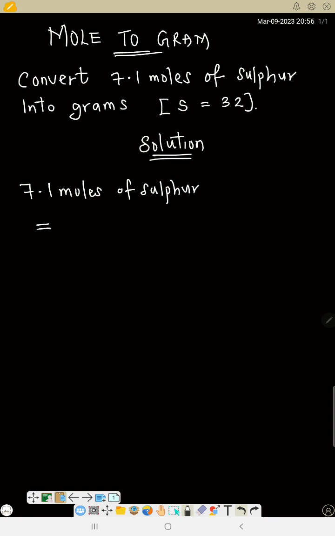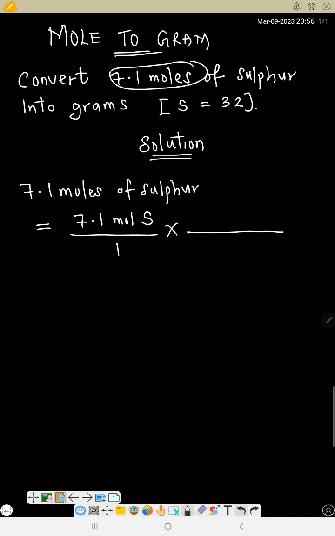So 7.1 mole of sulfur will be equals to, so always start with what you have, but you don't need to write it in full. Yeah, so 7.1 mole of sulfur divided by 1. So start with what you have. So that means you are changing 7.1 mole of sulfur into gram. So if we weigh 7.1 moles of sulfur on scale, how many gram is it going to weigh?